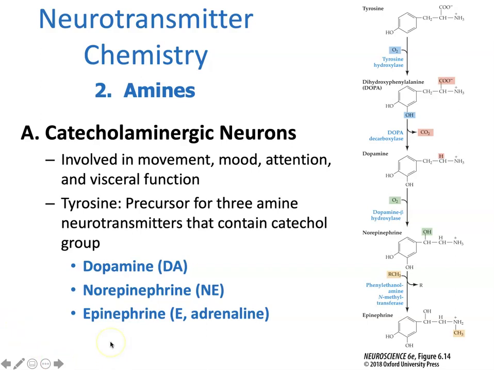So we'll move now into the biogenic amines, and we'll start off with the catecholaminergic systems. The biogenic amines are neurotransmitters that regulate a wide variety of brain functions, and they can also be active in the peripheral nervous system.